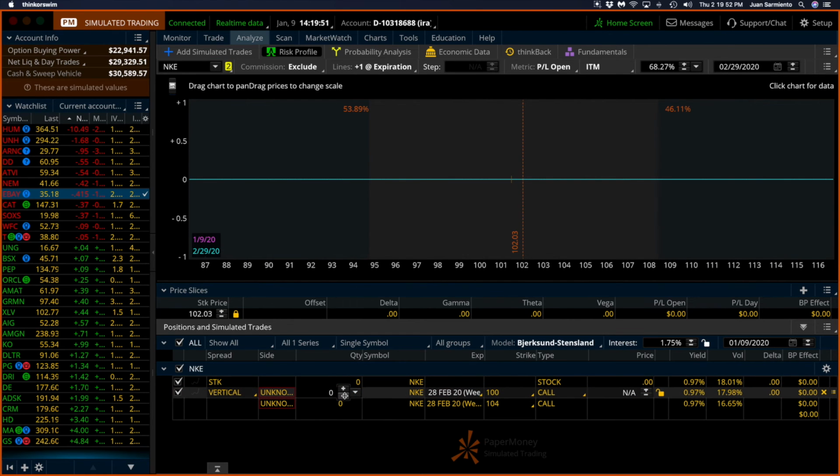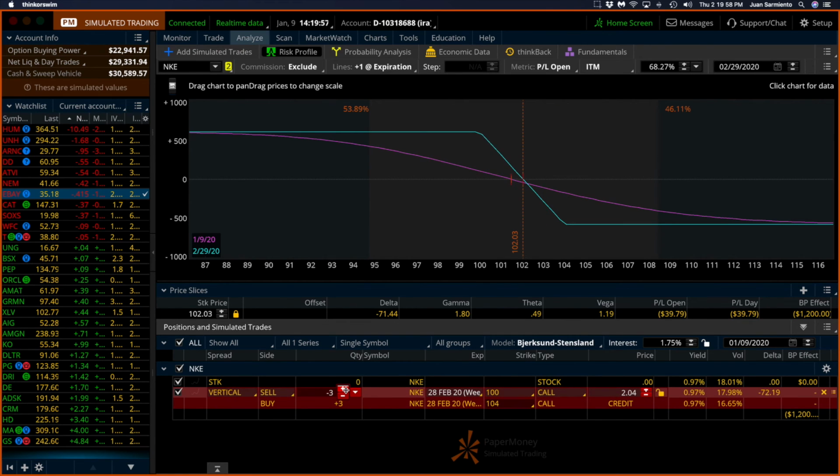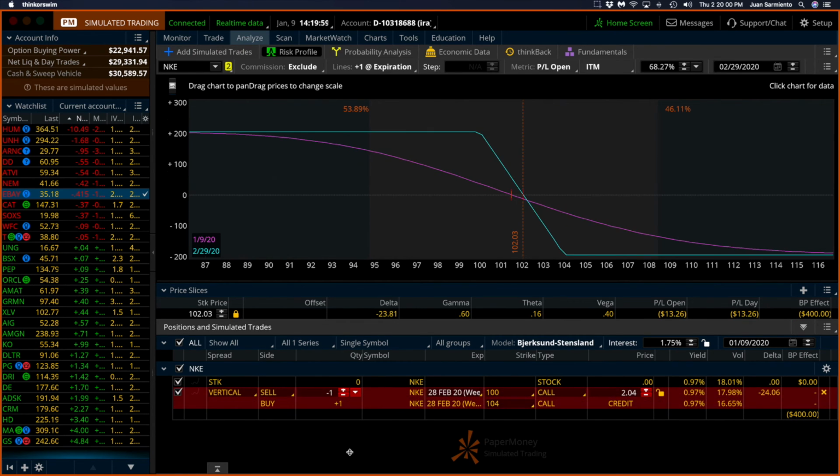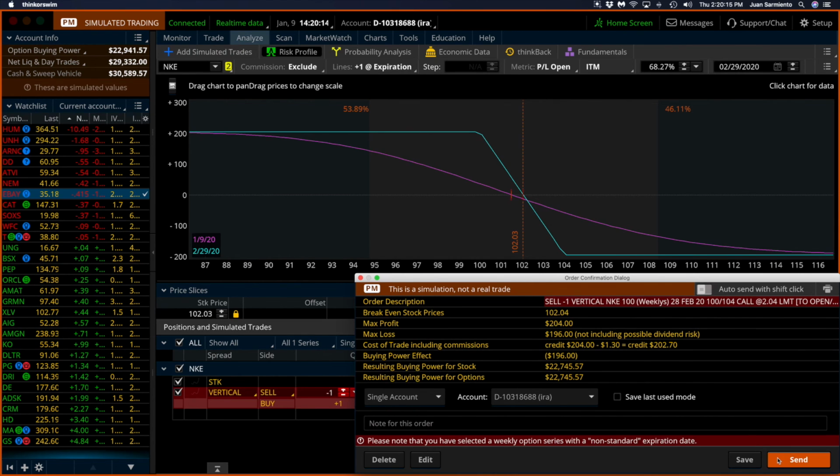Quite possibly have two lots. No, that's too much. So it's a relatively small trade. Why? Because I'm only risking close to $200, 196 to make 204. And if I double that, it will be too much. Okay, let's set that off.